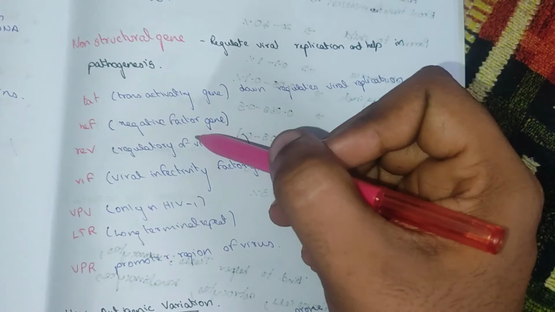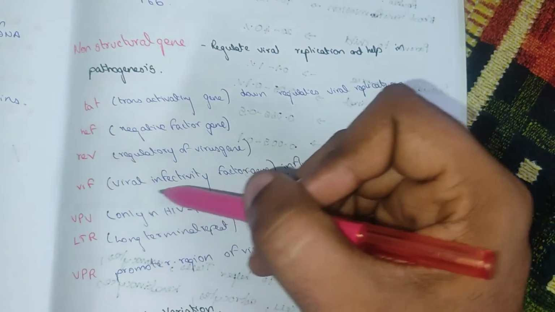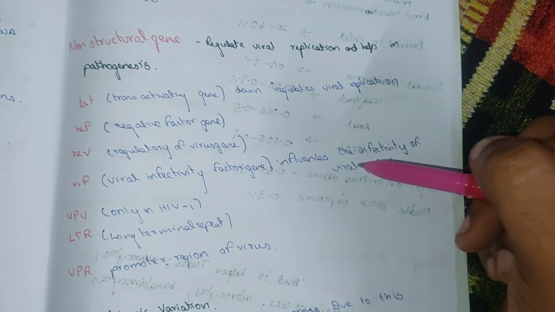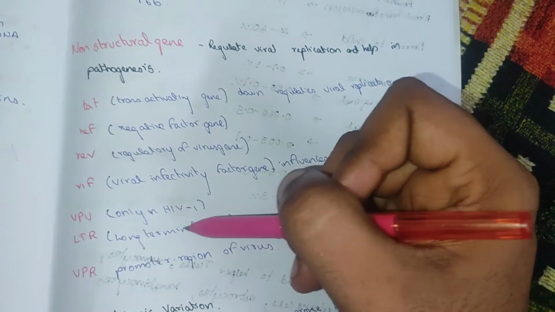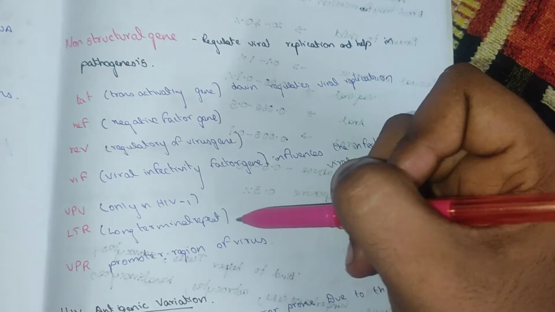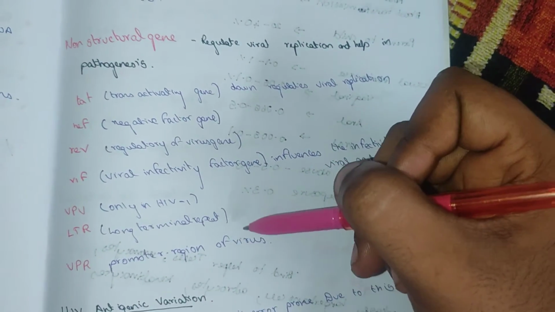NEF, negative factor gene. REV, regulator of virus gene. VIF, viral infectivity factor gene, influences the infectivity of the viral particles. VPU, only in HIV-1. LTR, long terminal repeat. VPR, promotes the replication of the virus.